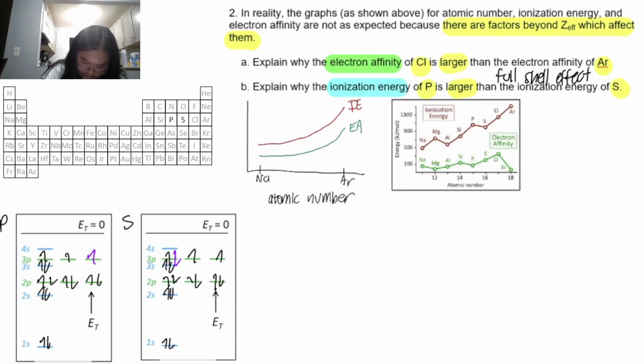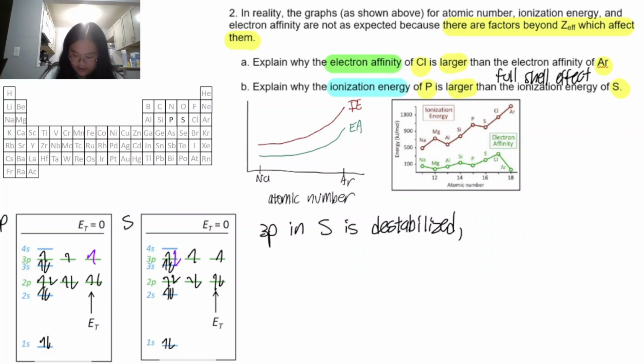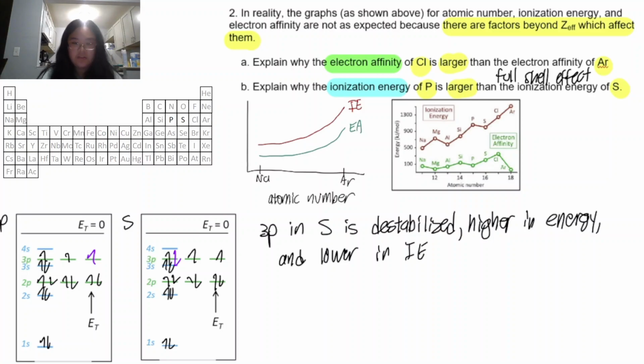The 3p subshell in sulfur is destabilized, which means it is higher in energy, and remember, when something is higher in energy, it has a lower ionization energy. So this explains why phosphorus has a larger ionization energy than sulfur.